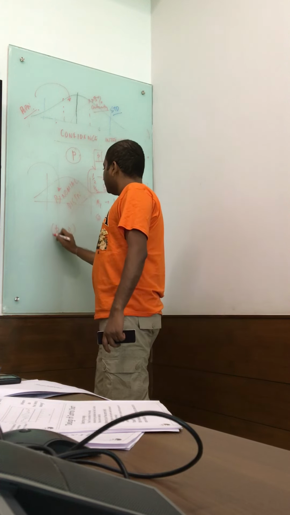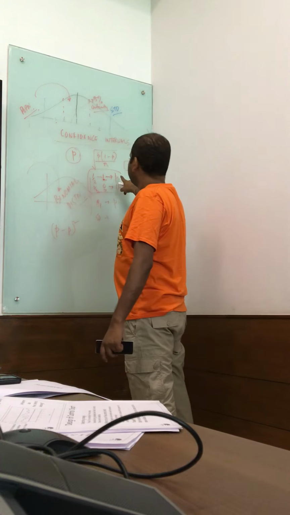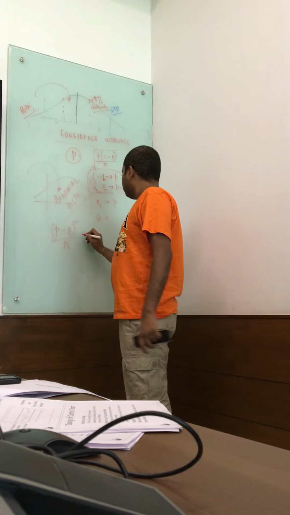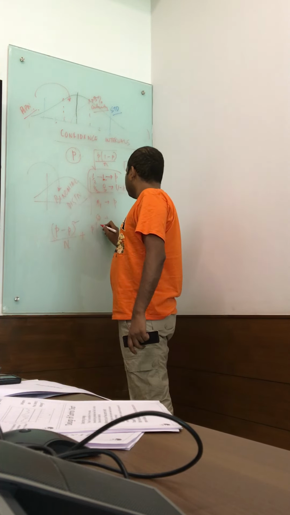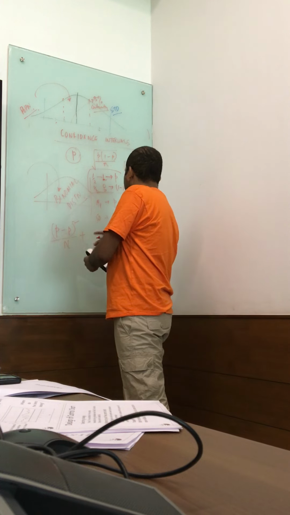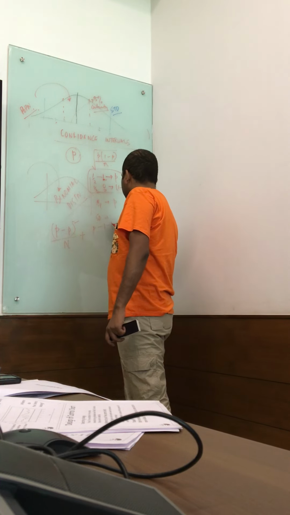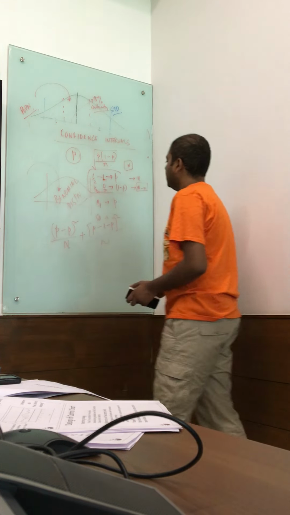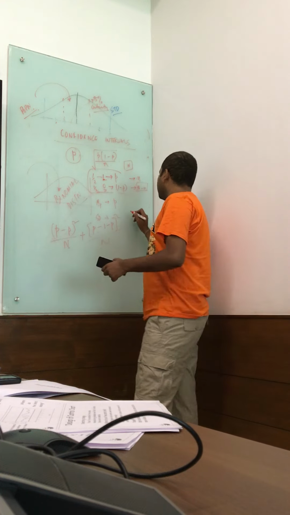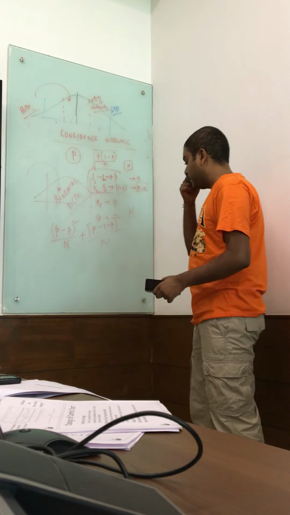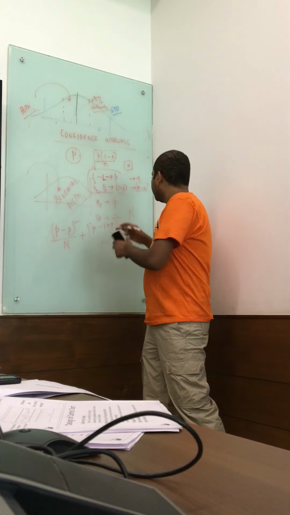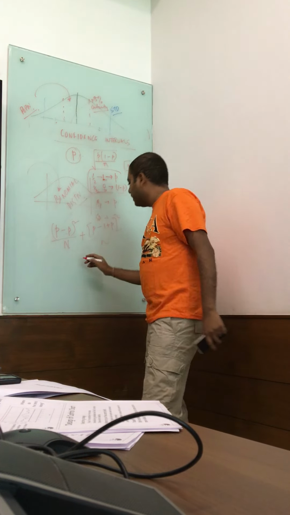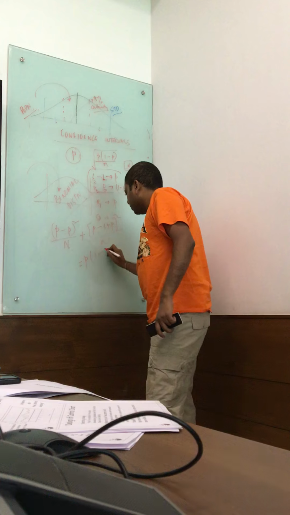P minus P whole square, divided by N, plus 1 minus P minus P... The second expression will be P minus 1 plus P. If you break this down and calculate, you will arrive at this expression. I'm not going into that.